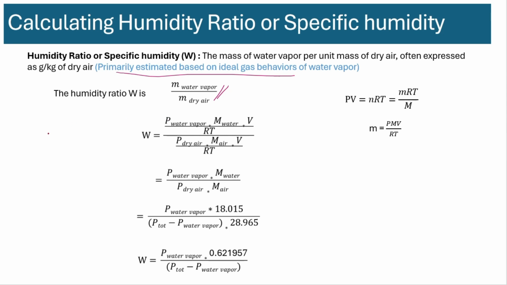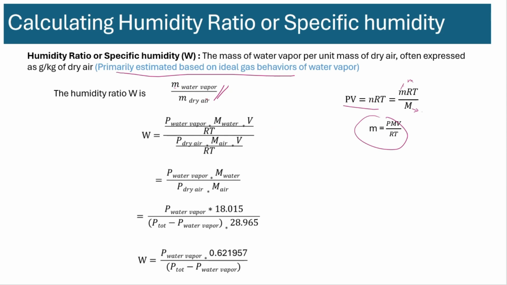You can assume that in that mixture, the water vapor behaves like an ideal gas, and the dry air also behaves like an ideal gas individually. What is this equation? It comes from the ideal gas equation, PV equal to nRT. n you can split as mass divided by molecular weight, that gives you the number of moles, right? So you can rearrange this equation into this, and that's what we are using here.